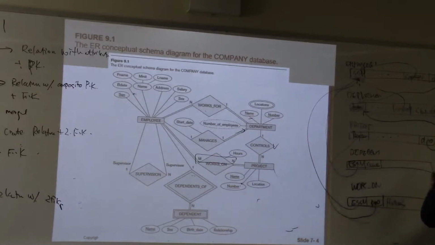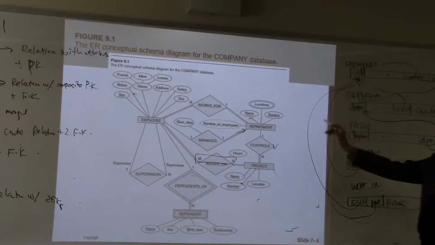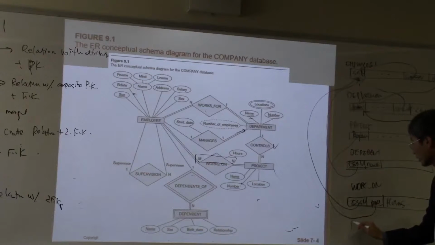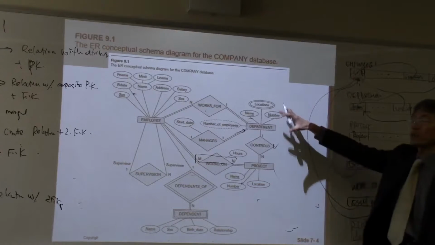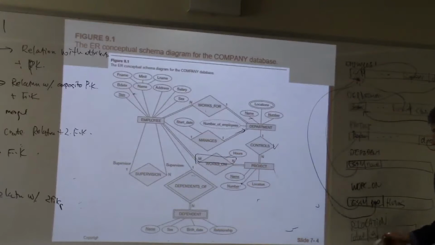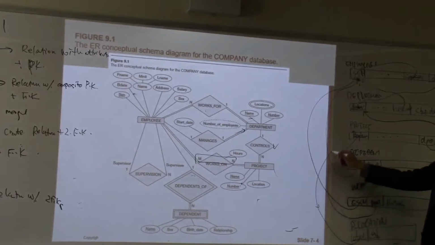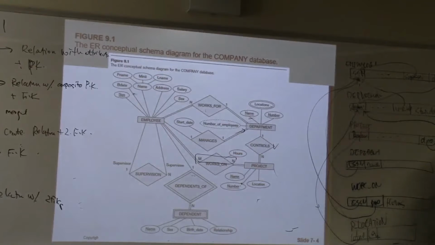So there is no way to create the attribute. Instead, for the multi-value, we need to create another table, another relation. What is the primary key of this one? Each department has the location. This is the primary key. If you can find any other attribute, then you can add it. So this DNO goes to this one.